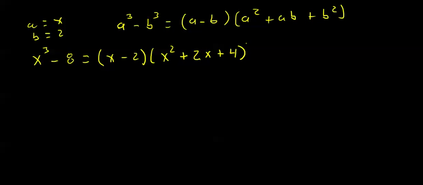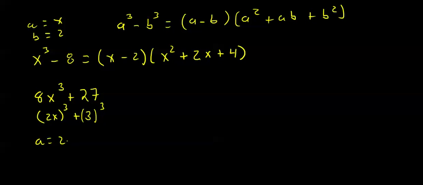Let's look at an example using sum of cubes. We'll go with 8x cubed plus 27. And a, in this case, this is the same as 2x cubed plus 3 cubed. So a is 2x and b equals 3.